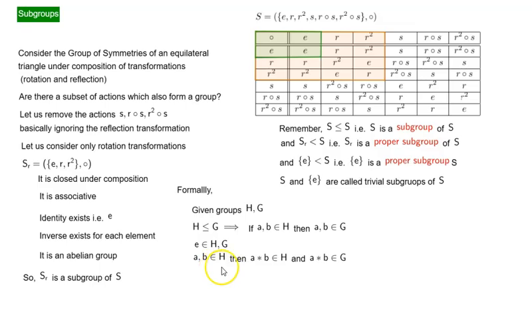If A and B belong to H, then A times B, here times means this group operation, A times B is in H and A times B is also in G.